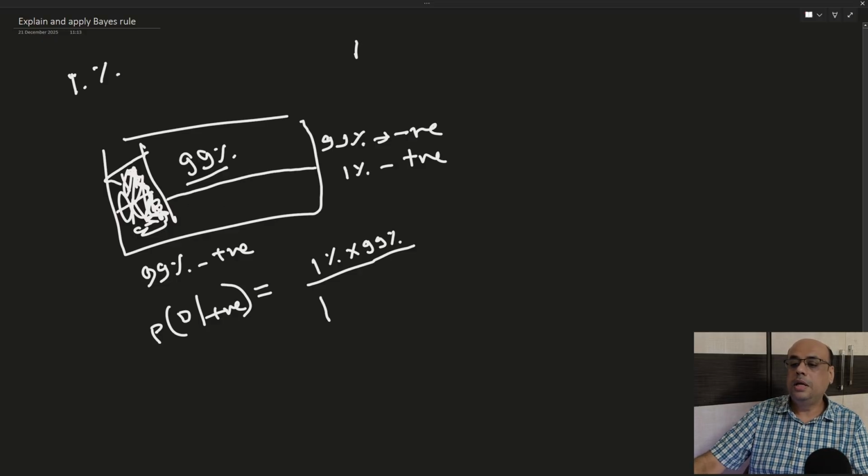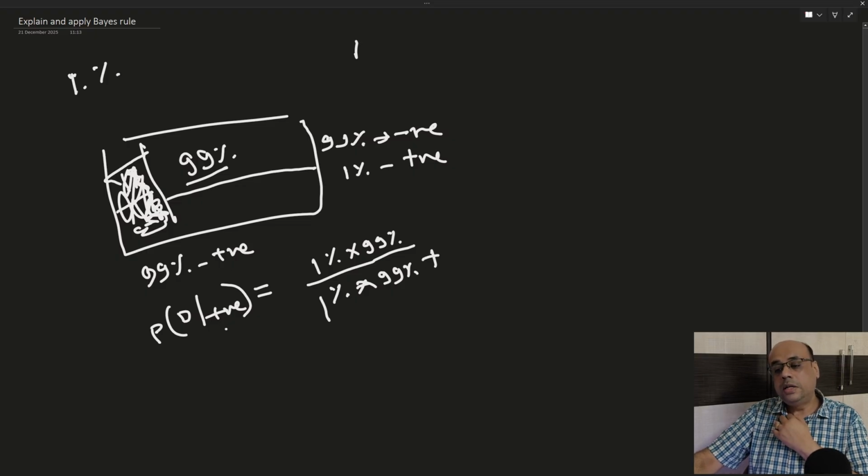Now coming here, in the sample space there will still be this 1% into 99% plus, now what we are saying, positive result. Out of that, 99% does not have the disease, so there is a 1%. 99% of the time it will give negative result, so positive result it will give me 1% of the time.